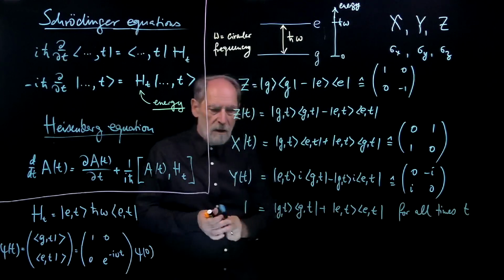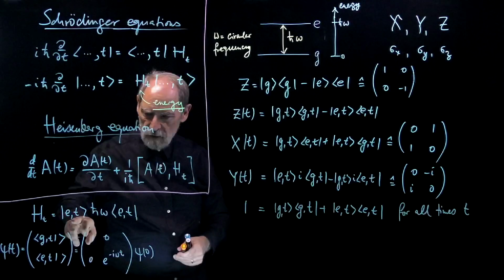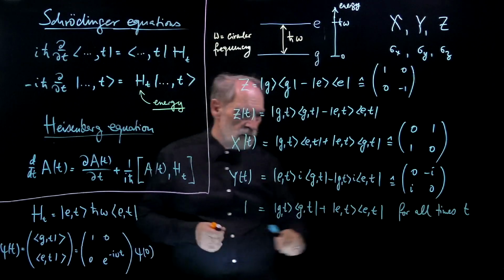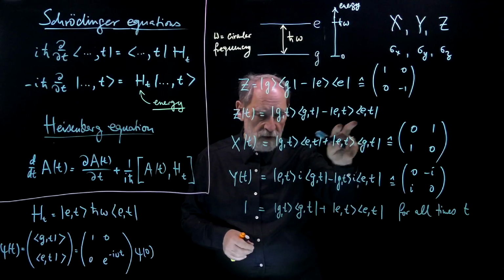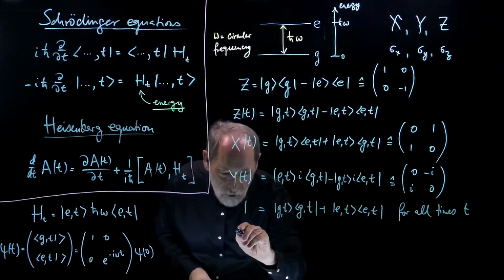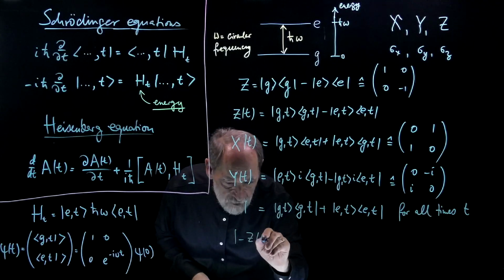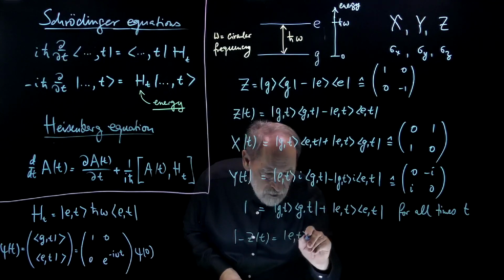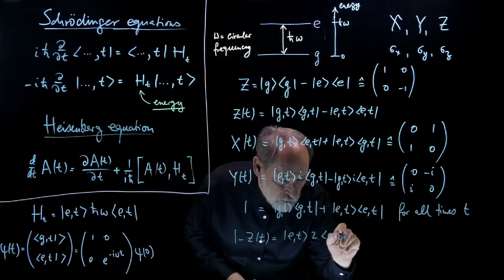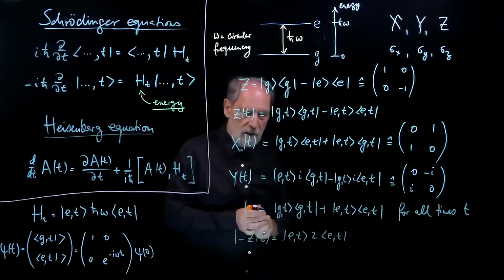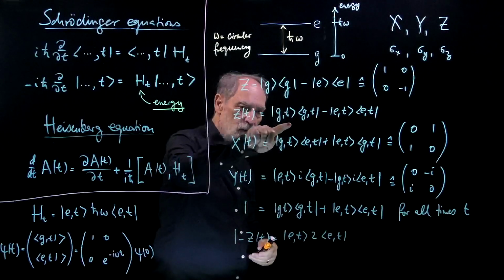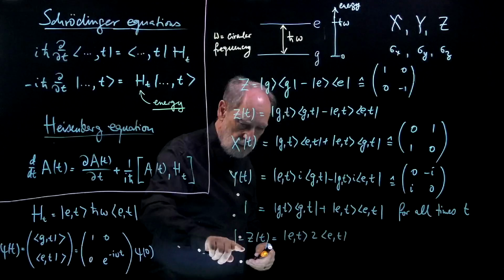And so how do we get the ket bra for the excited state with itself? Well, it's a piece here and it's a piece here. And clearly if I take 1 minus z of t, I will get the excited state ket bra twice. I have the identity with the GG ket bra, and I'm subtracting the GG ket bra. There's a minus sign here.